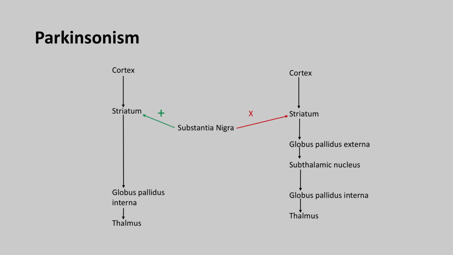An important pathway in the modulation of the direct and indirect pathways is the dopaminergic nigrostriatal projection from the substantia nigra pars compacta to the striatum. The nigrostriatal pathway has the dual effect of exciting the direct pathway while simultaneously inhibiting the indirect pathway.